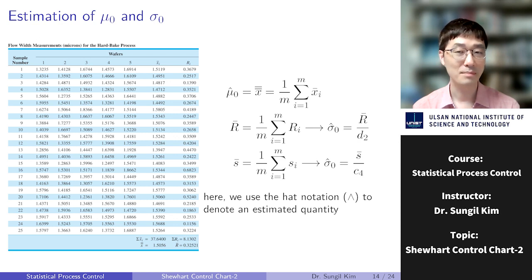Similarly, we can estimate sigma 0 by using the average of sample ranges or sample standard deviations. Here, d2 and c4 are known values given the sample size n. They will be covered in the next lecture. As you see, we can estimate target process parameters from data.